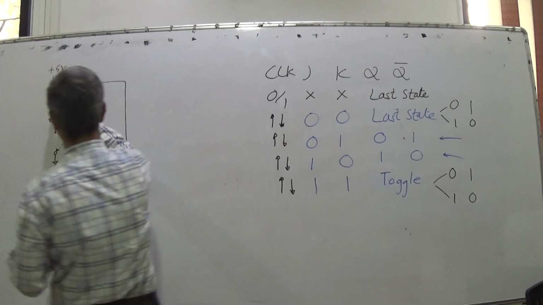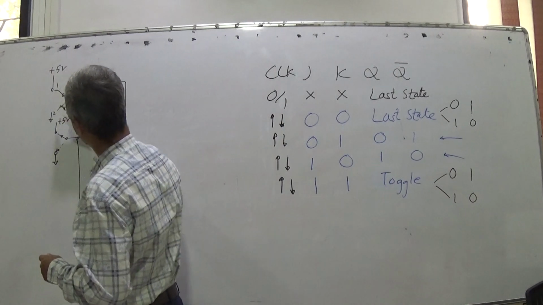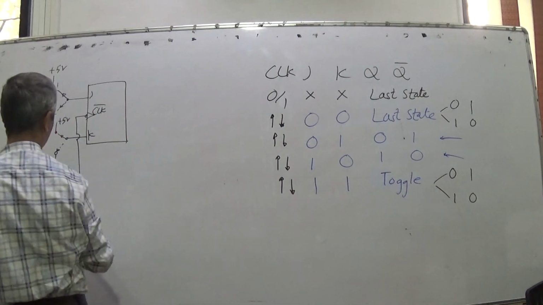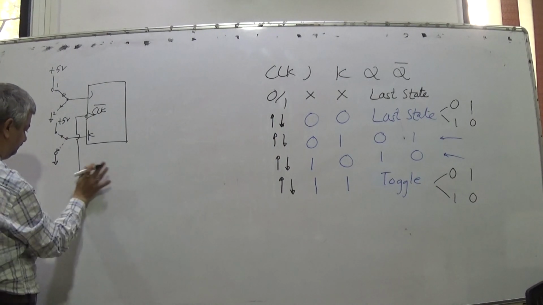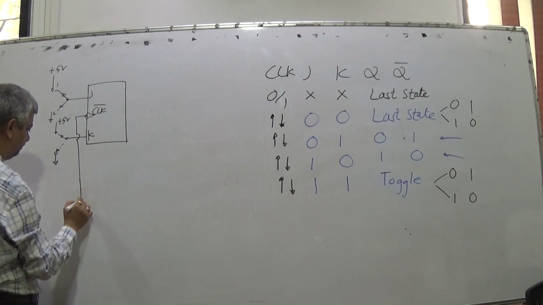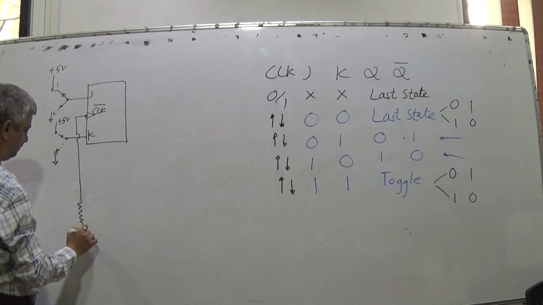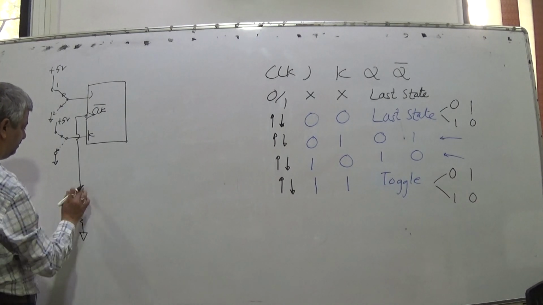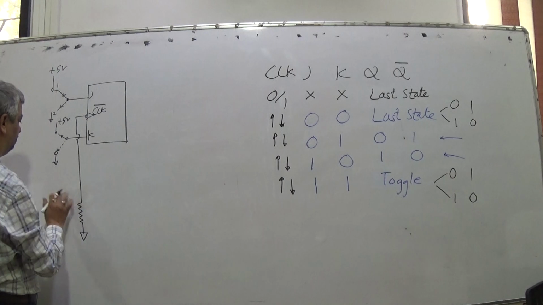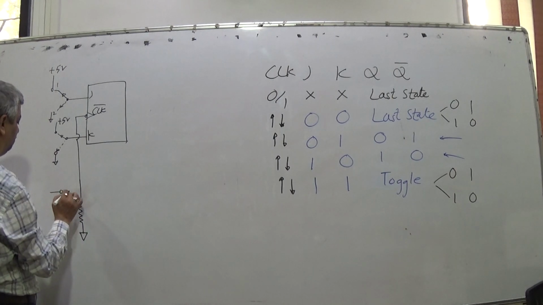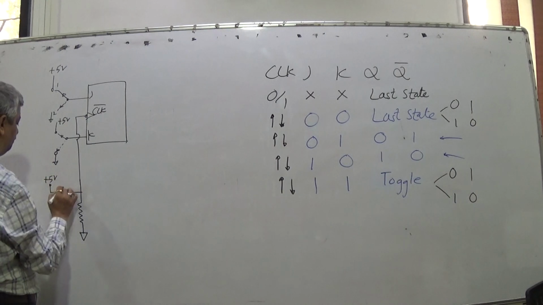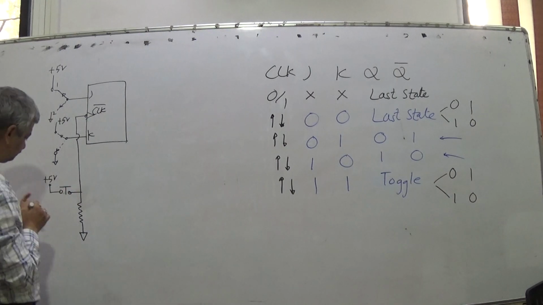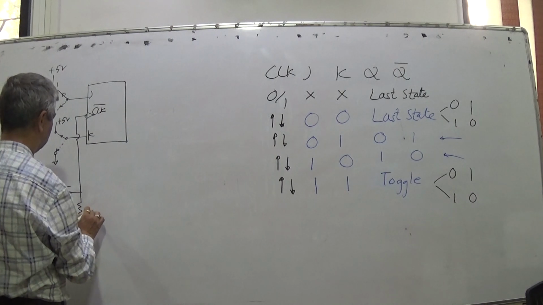So if I put this switch here, J will be 1. If I put this switch here, J will be 0. Whereas for this, what I can have is, this I will ground, and here it is through a 5K resistor, it is grounded, pull down.